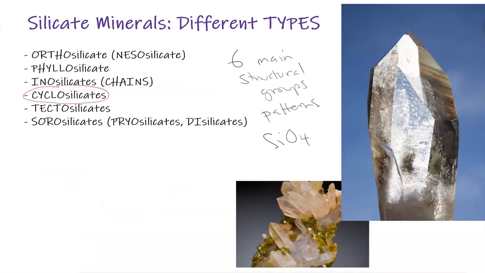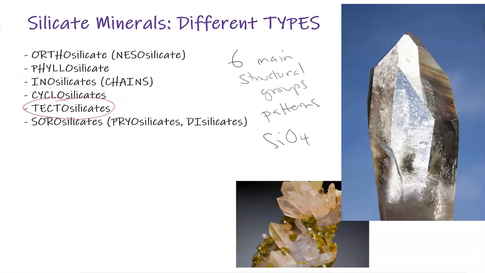Next is cyclosilicates. These are your ring silicates, again, making a larger ring system. So similar to ortho, but a lot larger in number. And they usually come in six-fold. And a good example of this is tourmaline. All right.